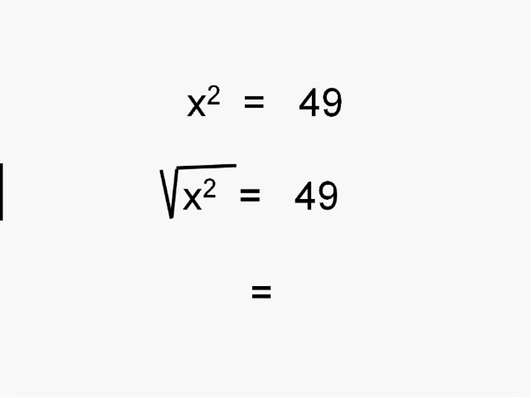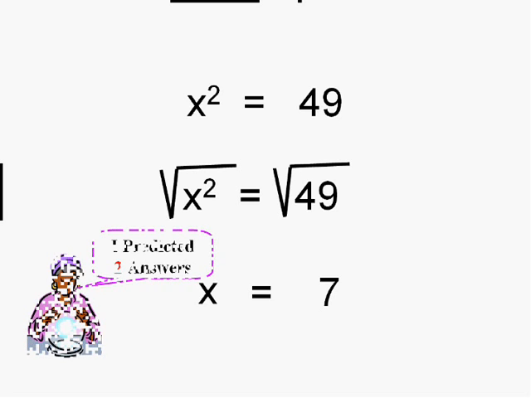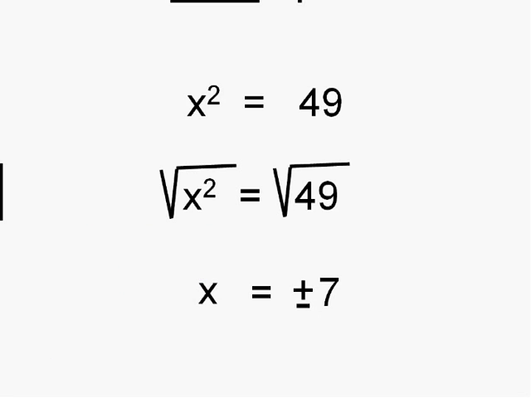That will undo the x squared. If we take the square root of the other side to be fair, we'll get 7. Or will we? We're supposed to get two answers. But remember, when you take a square root, you get two answers, plus 7 and minus 7.